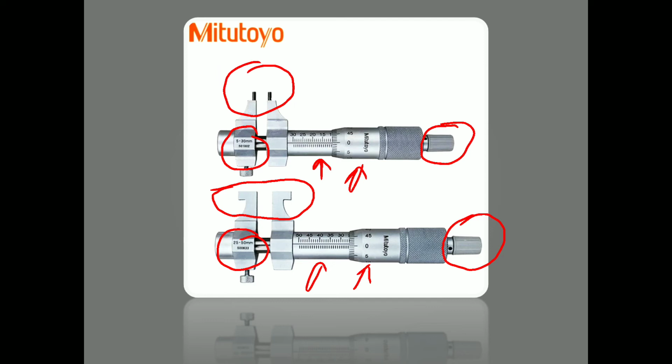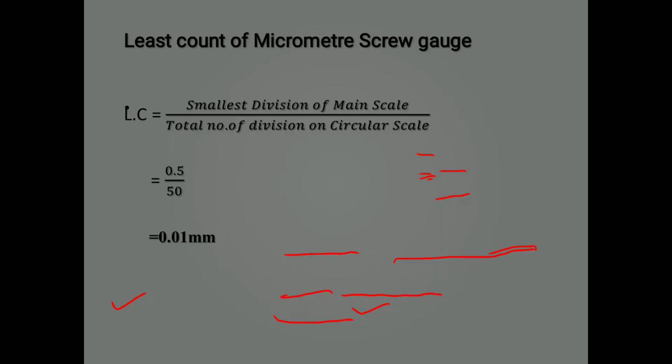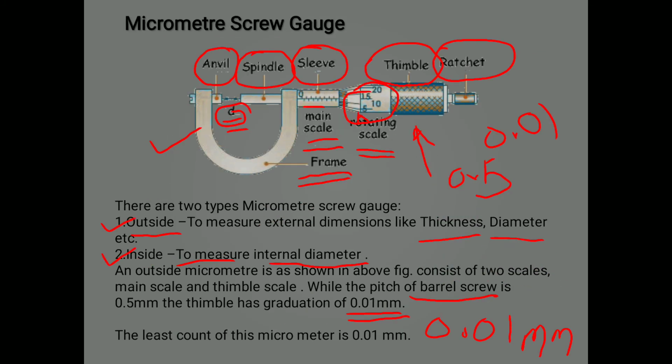Similarly, you can see in screw thread measurement, the anvil of a micrometer screw gauge is different. As we have seen, it is the plain anvil and spindle. In the screw thread micrometer you will get the spindle and the anvil as per the Acme thread.